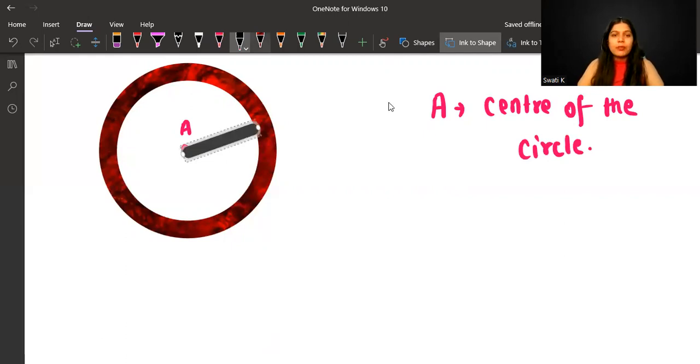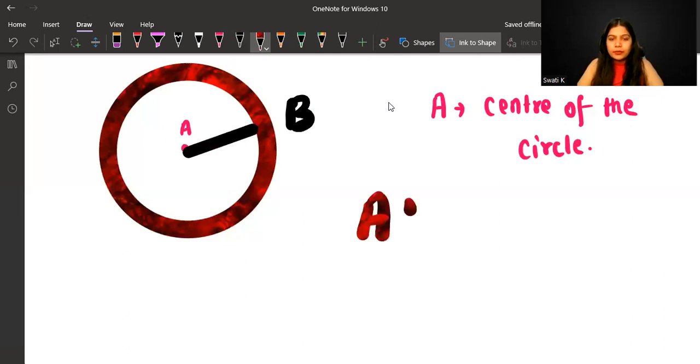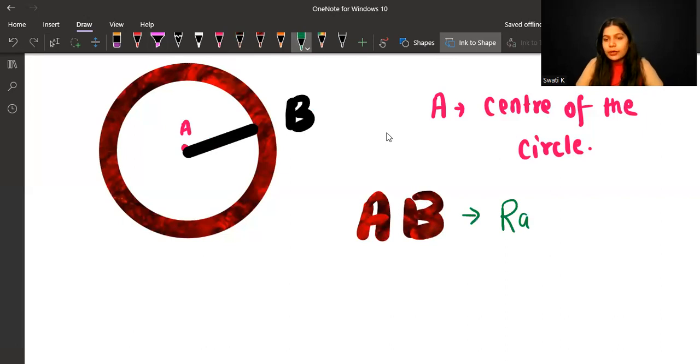If I just mark this as B, this AB is called the radius. I'll decrease the width. Yeah. So this AB is called the radius of the circle. This radius is the fixed distance that I was talking about. So radius of the circle.